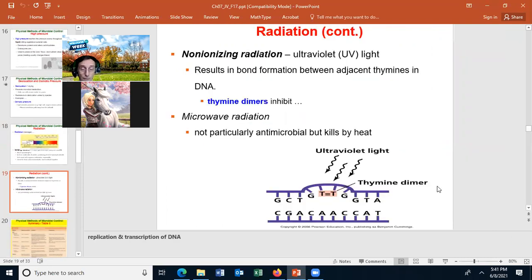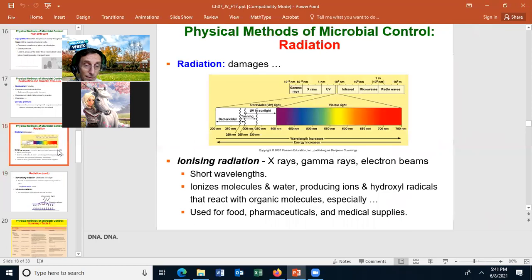Non-ionizing radiation, which is ultraviolet light or UV light, is also good at killing microbes. The difference is obviously the wavelength, but X-rays and gamma rays can go through the item, killing microbes throughout the entire item, which is treated by ionizing radiation.